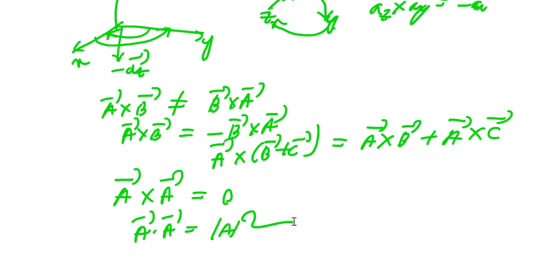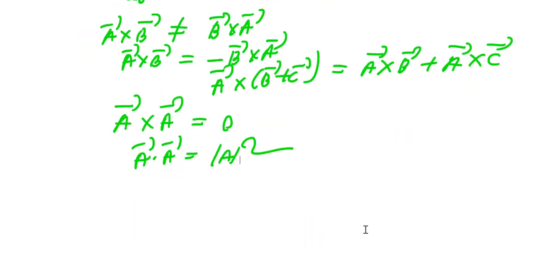Now you need to remember one important thing, that is the scalar triple product. What is the scalar triple product? A dot B cross C. Obviously, B cross C is a vector, dot with another vector is scalar.